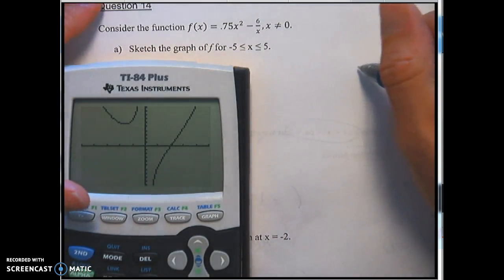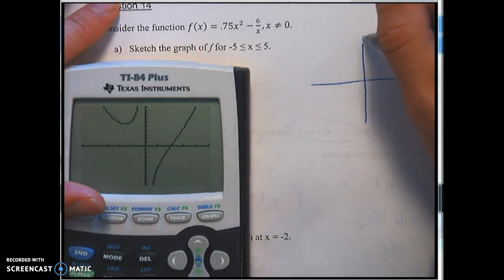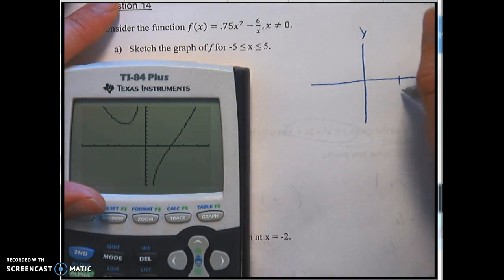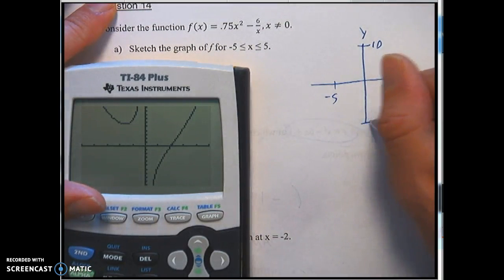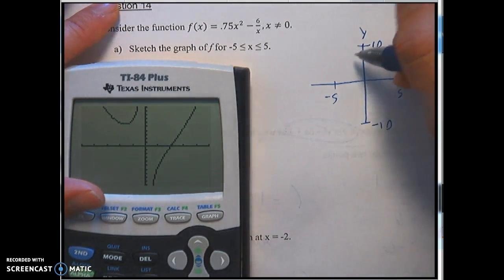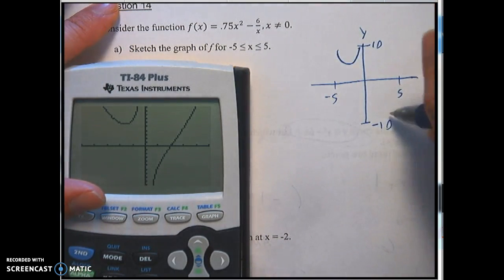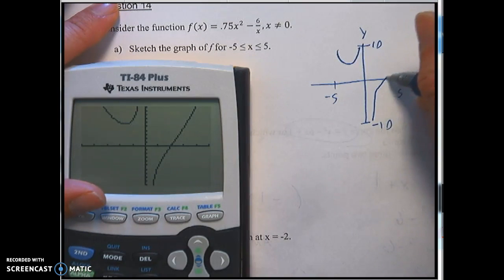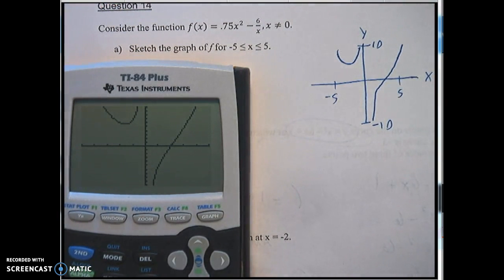So I've got my x, I've got my y. I'm going from positive 5 to negative 5, and my y's are from 10 to negative 10. And I know that this thing is kind of looking like this, and like that, roughly. Remember, a sketch doesn't have to be perfect.